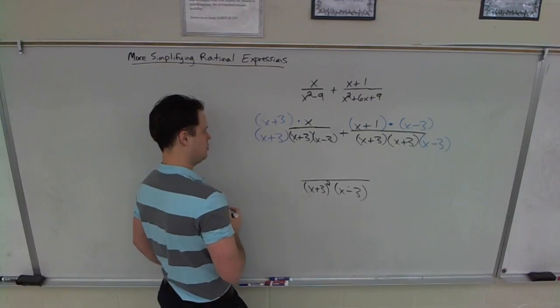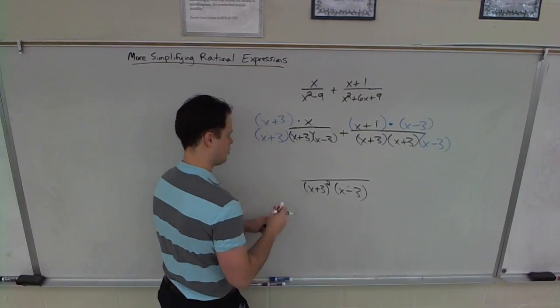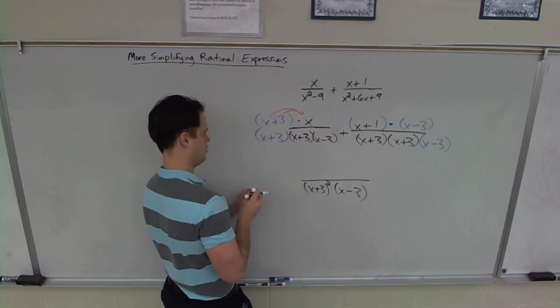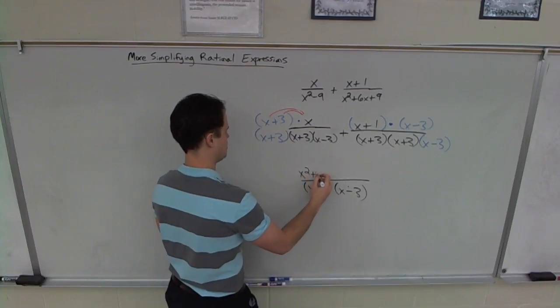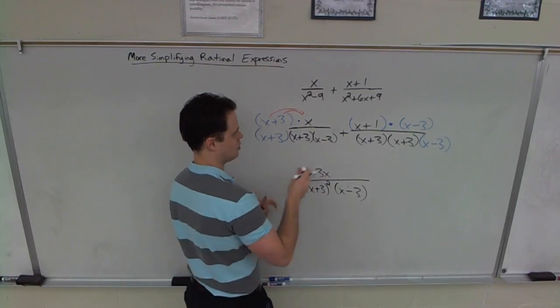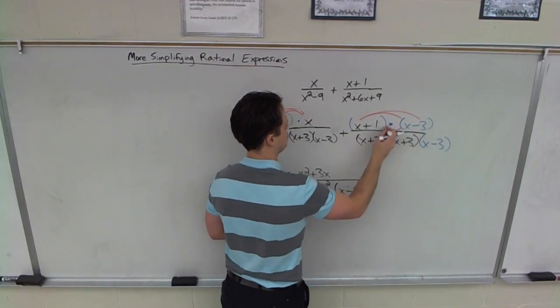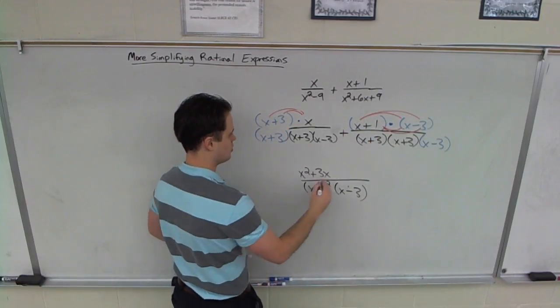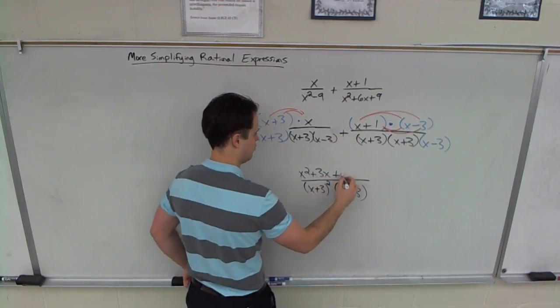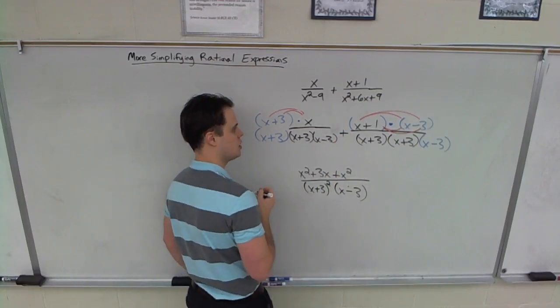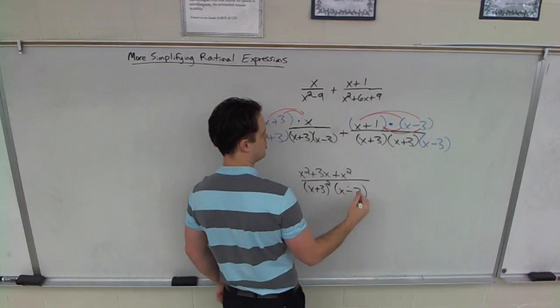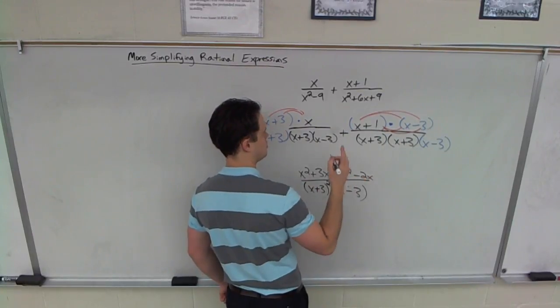Do some distributing, so we're going to have this. It's x squared plus 3x. And we're going to do all that stuff, this and this. So you're going to get plus, watch out for minuses, x squared, 1x, and minus 3x is minus 2x.